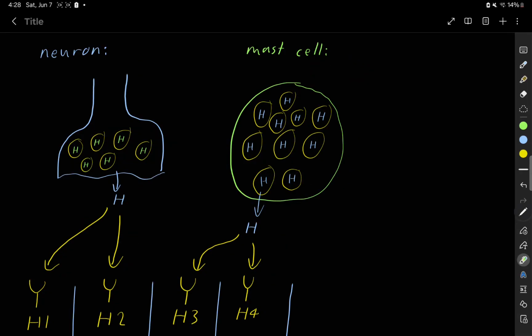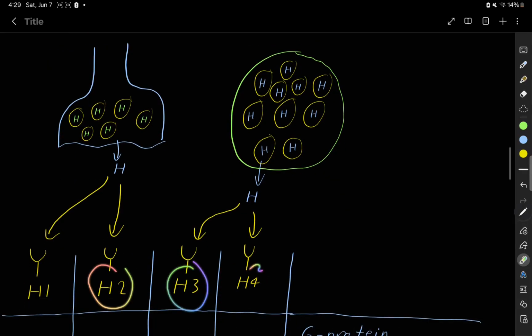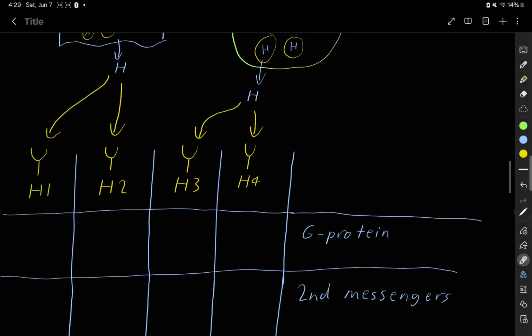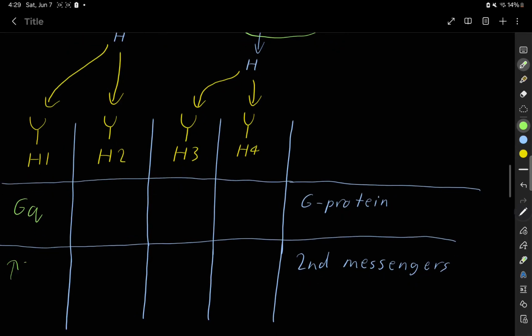So your four different histamine receptors are all GPCRs, and they're conveniently named H1, H2, H3, and H4 receptors. They're all GPCRs that are linked to different G proteins. So H1 receptors are linked to Gq proteins, which increase the production of your second messengers IP3 and DAG.